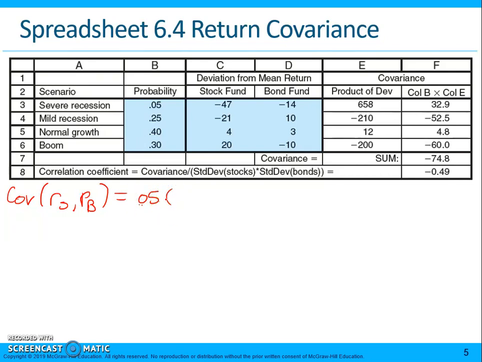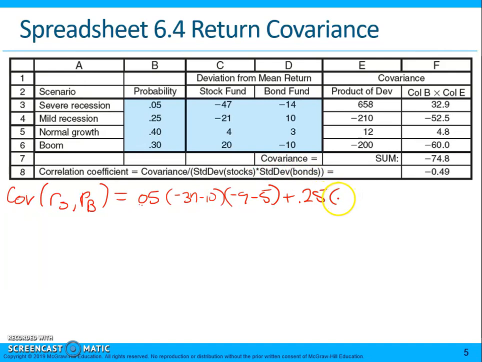We multiply that by the deviation for the stock fund, so minus 37 minus 10, multiplied by the bond fund, minus 9 minus 5, plus 0.25. So we did severe recession, we go on to mild recession.